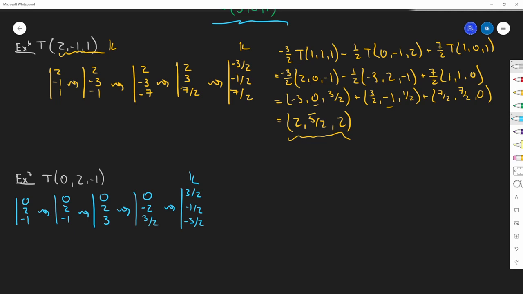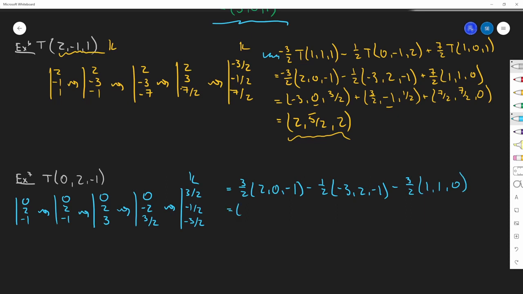This is our k values, and now we're going to substitute it in. I'm going to skip this step and then go straight into the other one. So this would be 3/2 times 2, 0, negative 1, minus 1/2 times negative 3, 2, negative 1, minus 3/2 times 1, 1, 0.